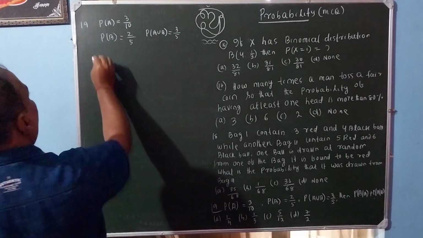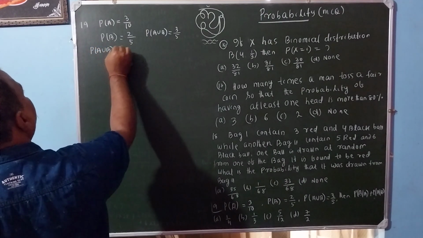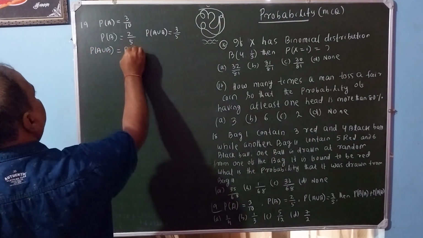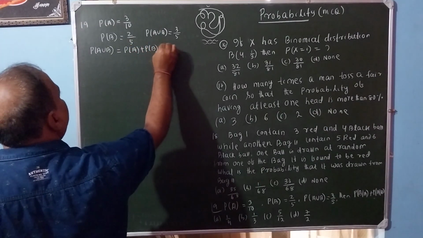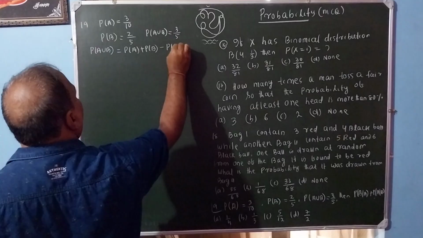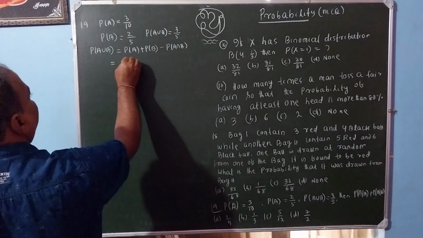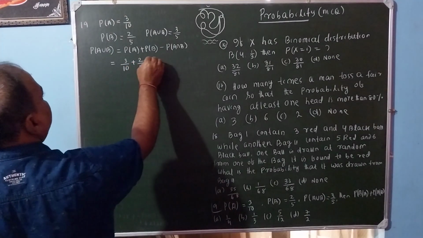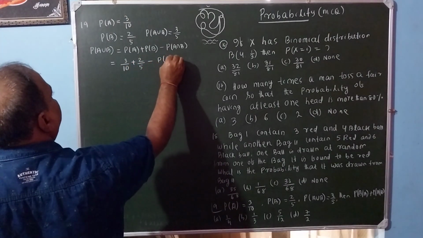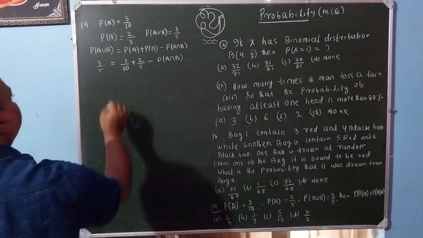So we know one formula: probability of A union B is equal to probability of A plus probability of B minus probability of A intersection B. Probability of A is 3 by 10, probability of B is 2 by 5, and the union is 3 by 5.